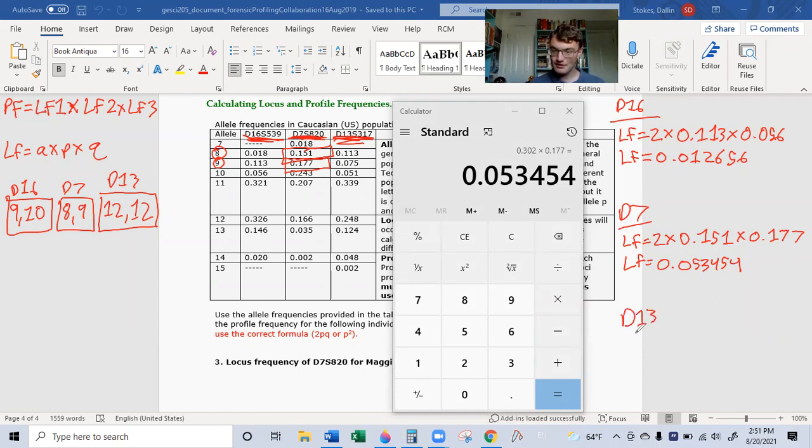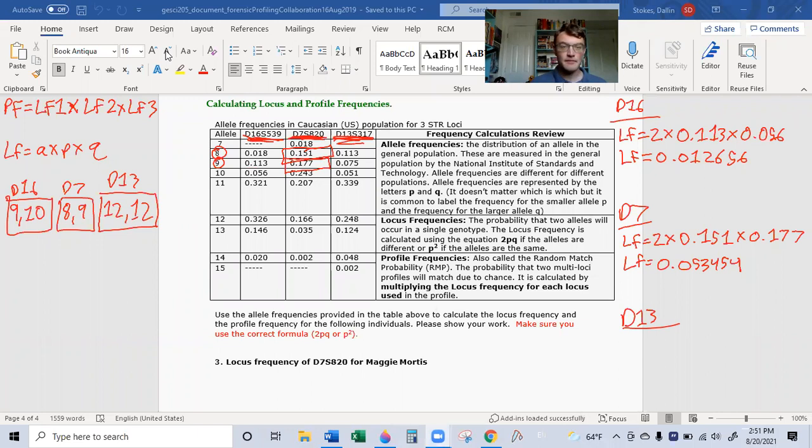Now we have to find my third locus frequency. So at D13, he has a 12-12 combo. So we've got locus frequency equals A. A is the number of different numbers. They only have one kind of number here in their combo. They only have 12. So A is going to be 1 times P, which is the odds of having the first allele in the combo. So that's a 12 at D13. They've got a 0.248.